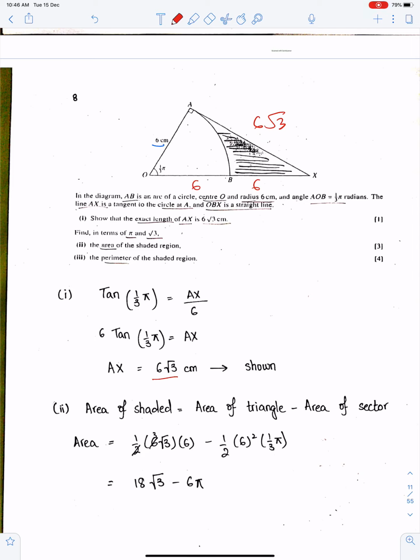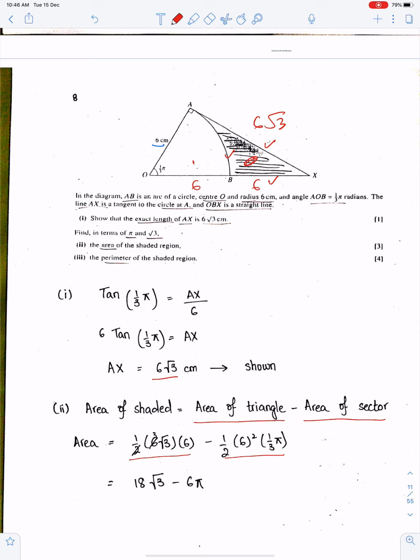Area of shaded region, simple. It's triangle minus sector: area of triangle minus area of sector. The triangle is a right angle triangle and the sector is half r squared theta. Perimeter, very simple: 6 root 3, this length, and this arc. Perimeter means the sum of the boundaries of the required region.